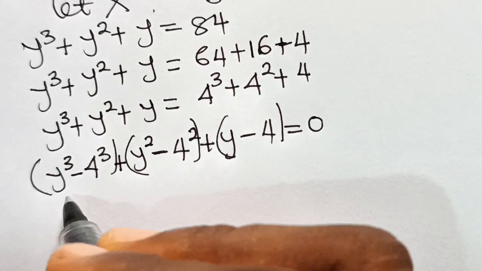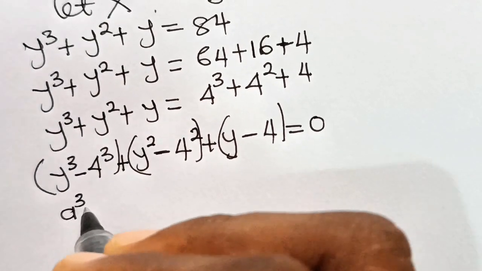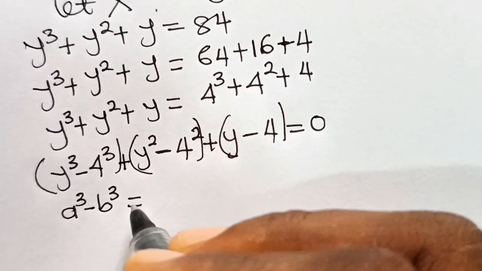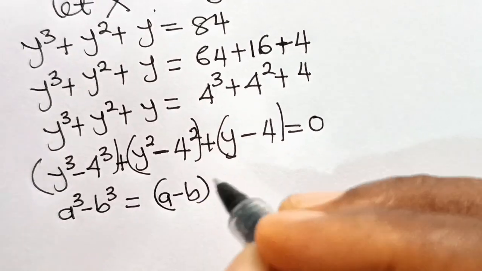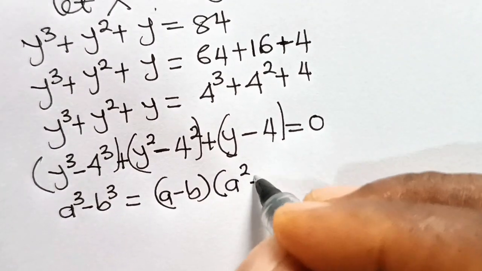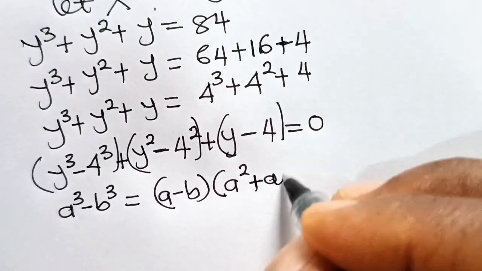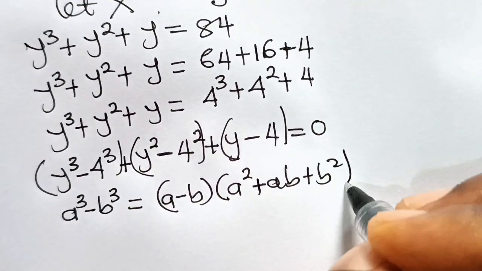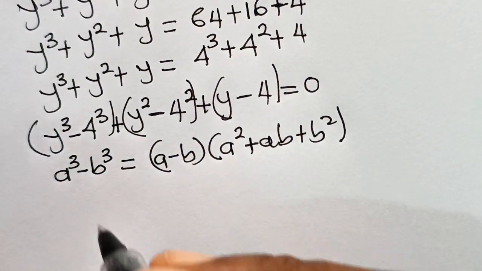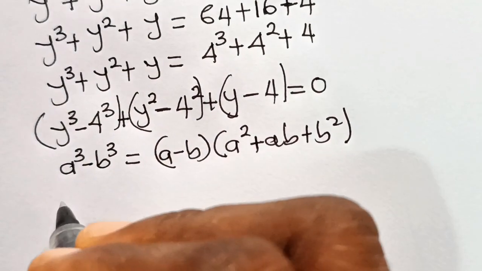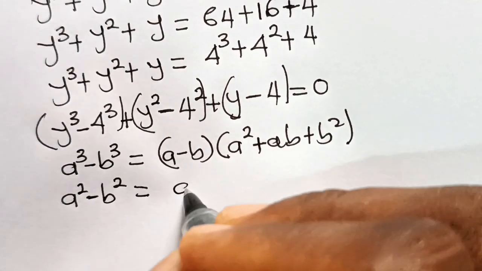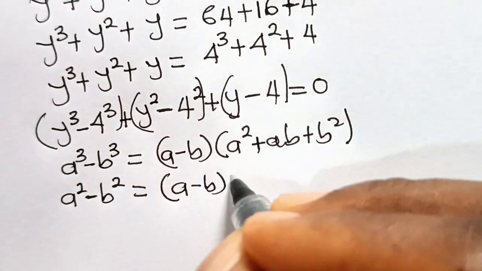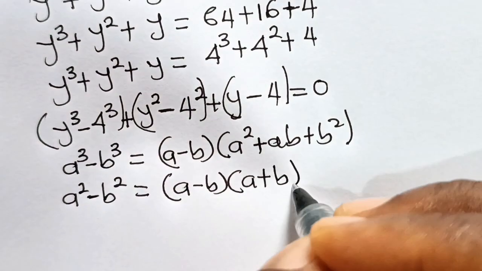Now remember that a to the power of 3 minus b to the power of 3 is equal to a minus b multiplied by a squared plus ab plus b squared. Also a to the power of 2 minus b to the power of 2 is equal to a minus b multiplied by a plus b.